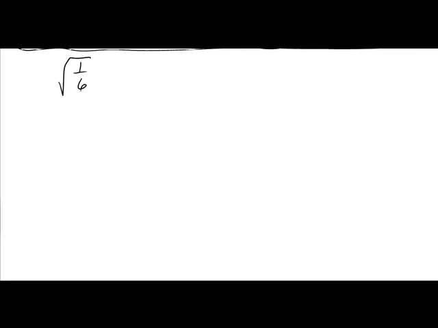Remember also from a previous lesson, we talked about if we have a fraction underneath the radical, we can separate it like this. Or if we start with them already separated, we can put them under the same radical if that helps us simplify it.